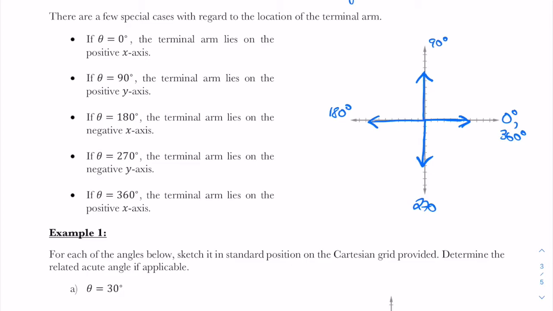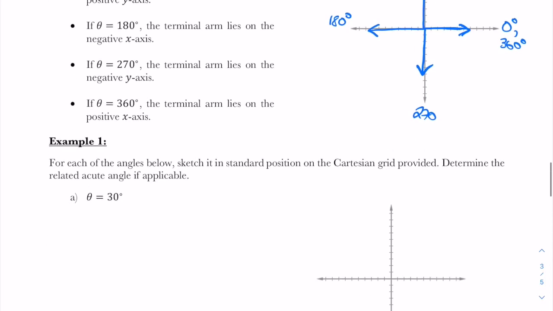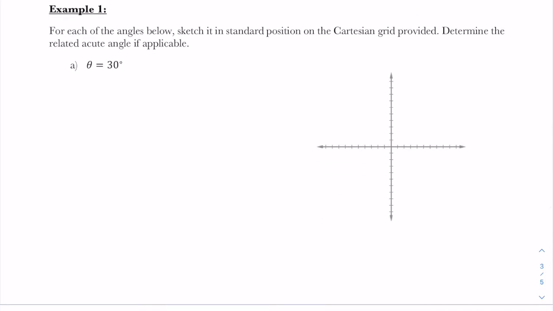Let's put this to practice though. So I know there was a lot of terminology today, but you'll see why we needed to learn this. What we're going to do in example 1, and there's really just one example here with variations, we're going to sketch each of the angles below. We're going to sketch them in their standard position. So sorry, I'm using a slightly different term over here.